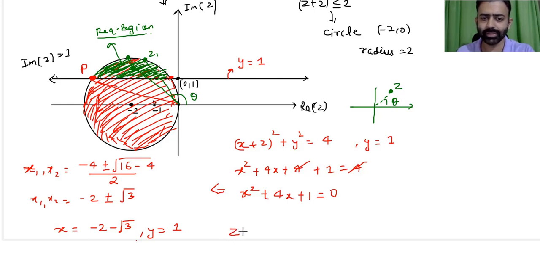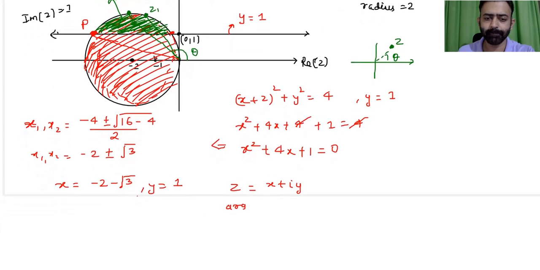If any complex number z is represented by x + iy, where x is the real part and y is the imaginary part, the argument of z is denoted by tan inverse of y by x, meaning the imaginary part by the real part. Since the imaginary part here is 1 and the real part is −2 − √3, my argument of z in this case will be tan inverse of 1 by (−2 − √3).